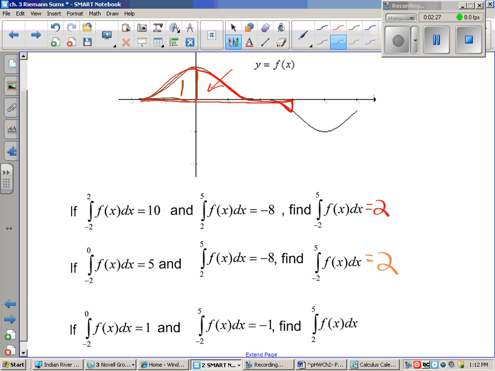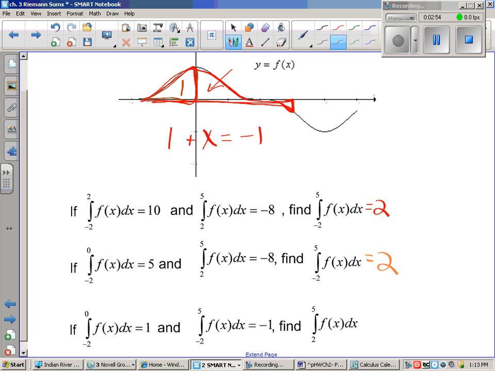Whatever this is, if I called that x, when I add that to 1, it should equal negative 1.